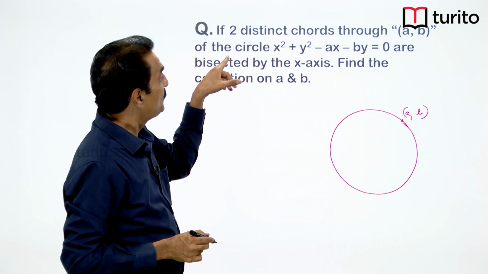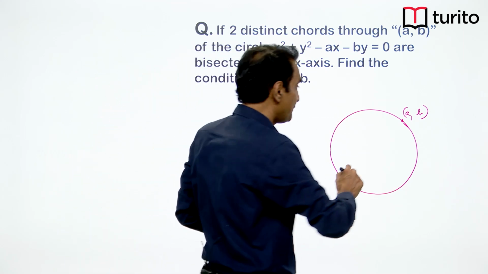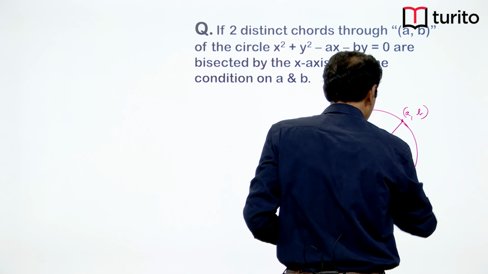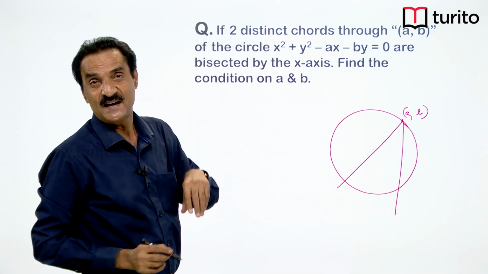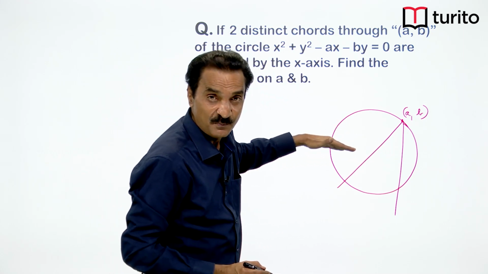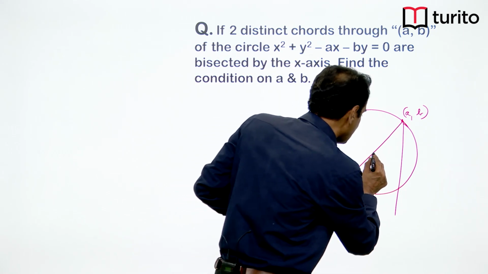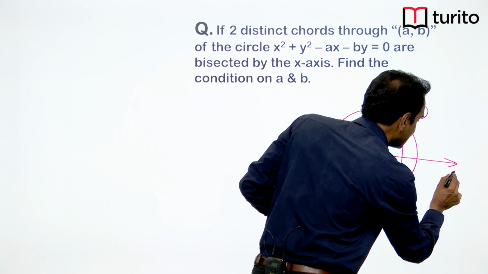Now, if two distinct chords drawn through the point are bisected by the x axis. Bisected means what? The x axis passes through the midpoints of these two chords. This is the midpoint, this is the midpoint. So, I will join them. This is the x axis.